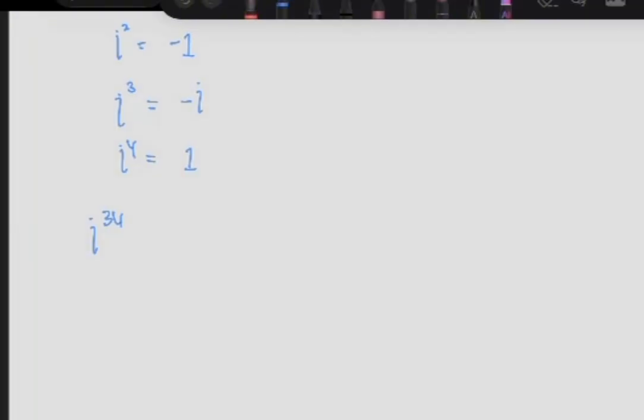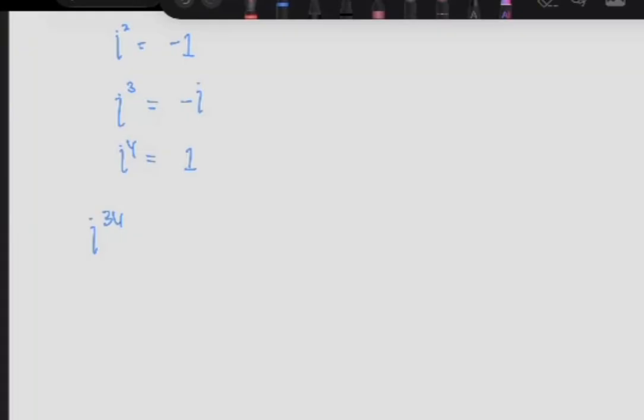I repeats every 4 powers, so i to the power of 5 is the same as i to the power of 1, i to the power of 6 is the same as i squared, i to the power of 7 is the same as i to the power of 3, and it goes on and on.